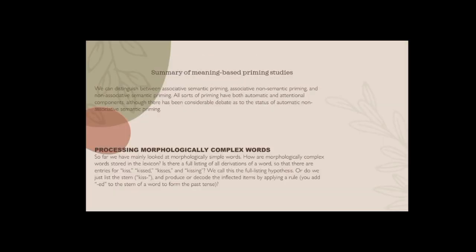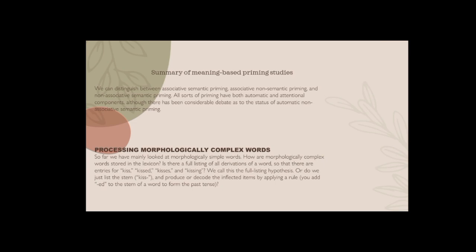So, the summary of meaning-based priming studies: we can distinguish between associative semantic priming, associative non-semantic priming, and non-associative semantic priming. All sorts of priming have both automatic and attentional components, although there has been considerable debate as to the status of automatic non-associative semantic priming.